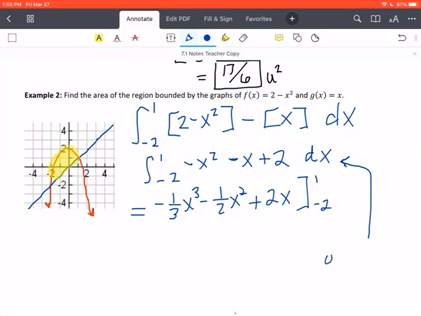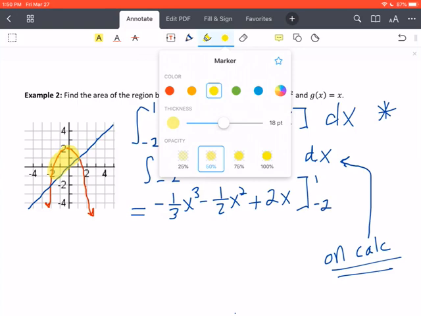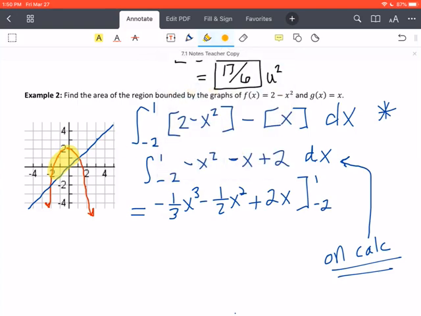So on the calculator, once you get your function cleaned up, so you don't necessarily want to enter this first step right here. Once you get it cleaned up, let's go into our y equals, and you can go ahead and enter this function right here. So enter into your y equals negative x squared minus x plus 2, and then press graph.